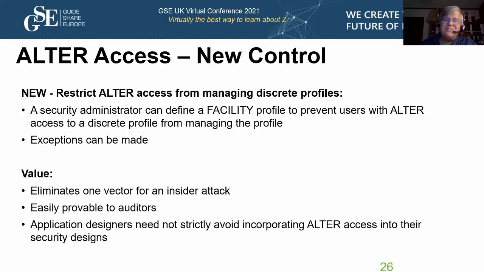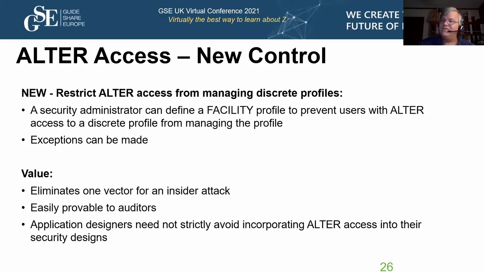And can you use something other than alter? Can you use control, as an example? Control has a very specific meaning for data set profiles, but for general resource profiles, it's really whatever the resource manager wants it to mean. So there are a lot of times you'll see control used for general resource profiles, and that's the reason why we're trying to avoid the use of alter.